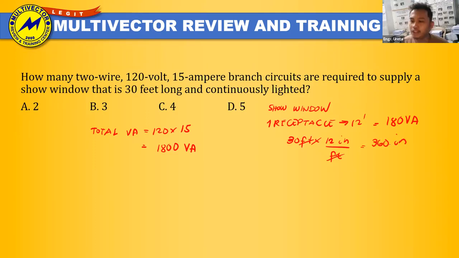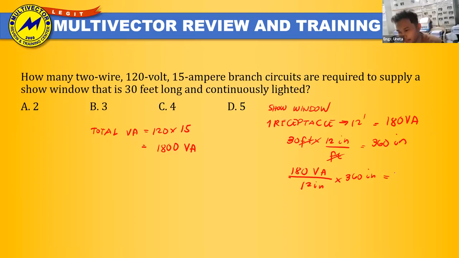Para malaman natin yung total volt ampere na kailangan natin, i-multiply lang natin 180 volt ampere per 12 inches, multiplied by 360.